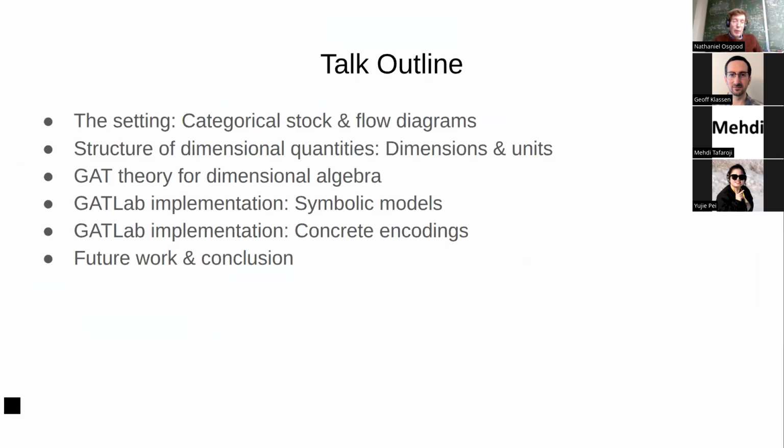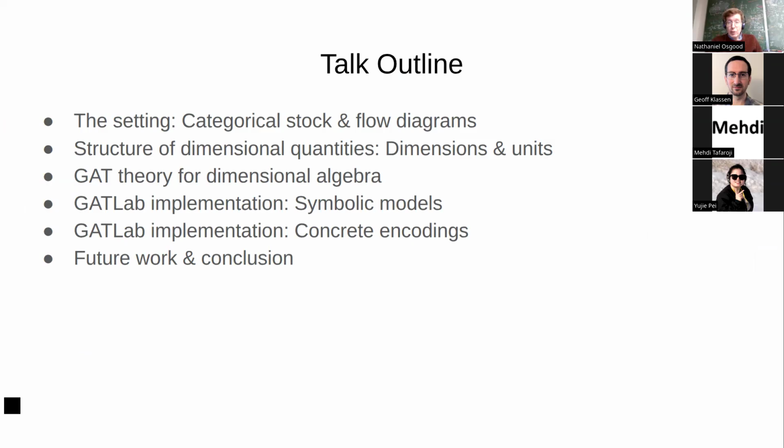So the setting of this is going to be very familiar to I think everyone here, perhaps a bit less so Jeff, but it's the categorical stock and flow diagrams. All of you have at least seen it. And I'm going to talk about that just with a nod to it because we are here familiar with it.